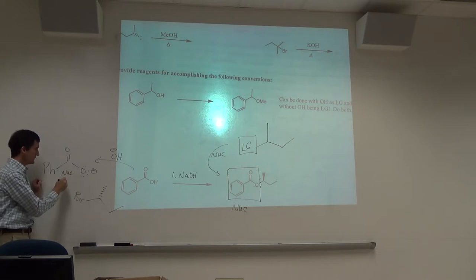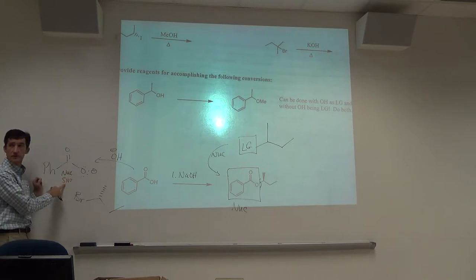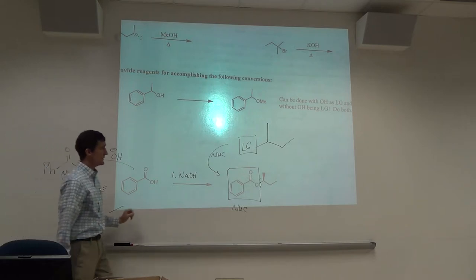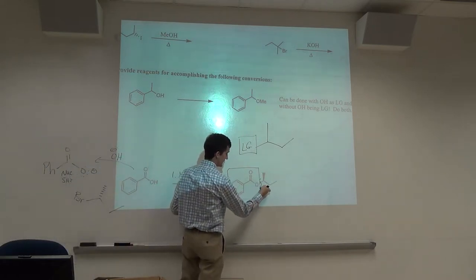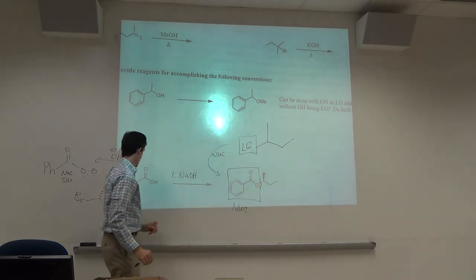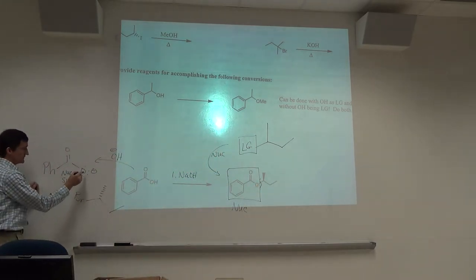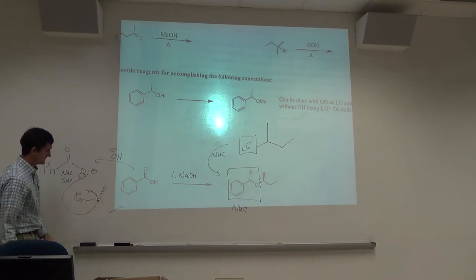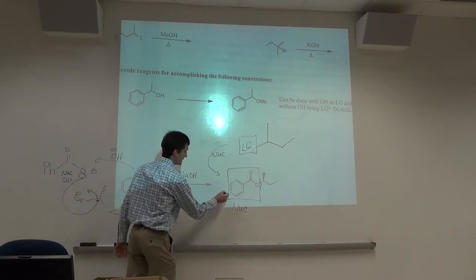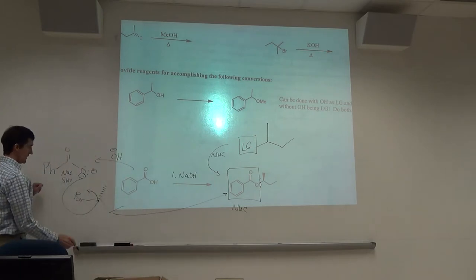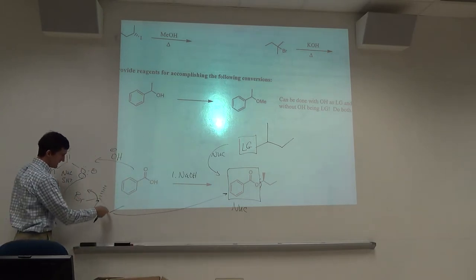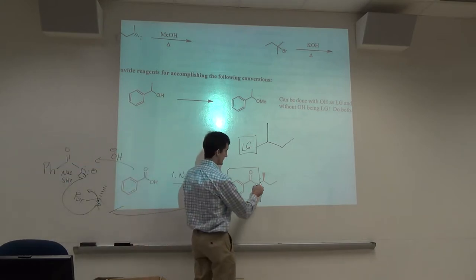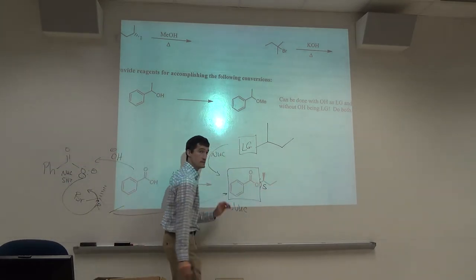It's strong, SN2. So in terms of stereochemistry, it's going to give us inversion. If we want this to be bolded like this, we want this to be dashed. So when this comes in here, kicks this off, you get inversion here, and we get that product. Because here it's R, but we want S.